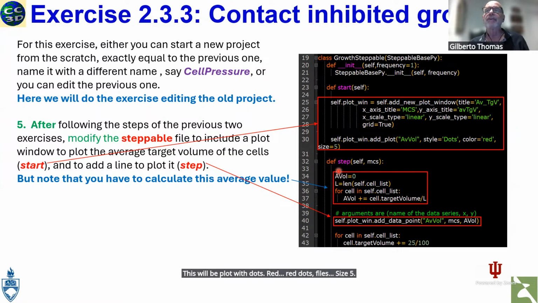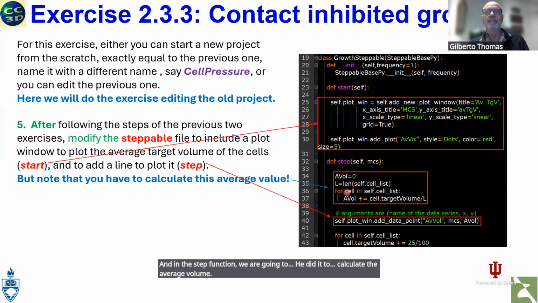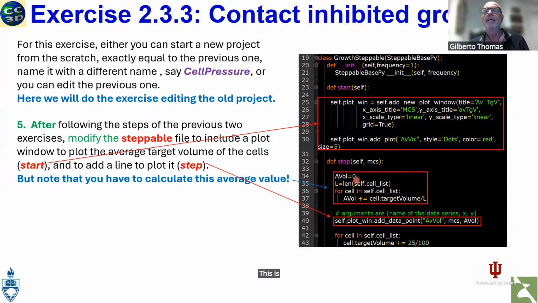And in the step function, we are going to edit it to calculate the average volume. This is done in this frame here. Look, I create at the beginning a variable. You put it equal to 0. This variable is the average volume. AVOL is equal to 0.